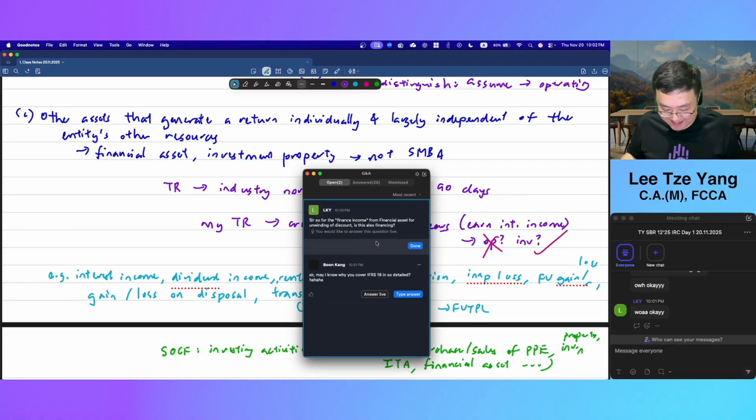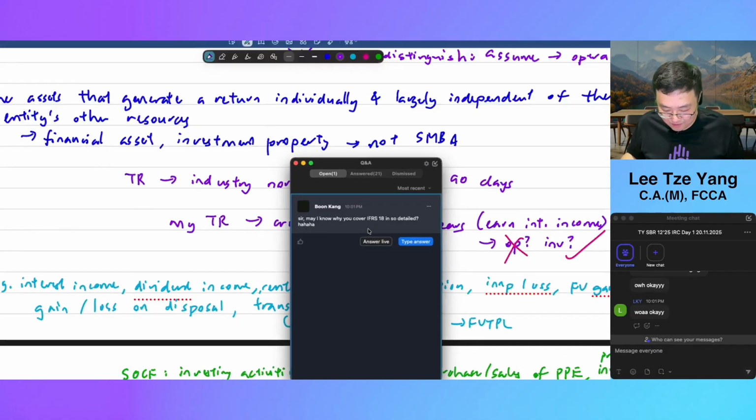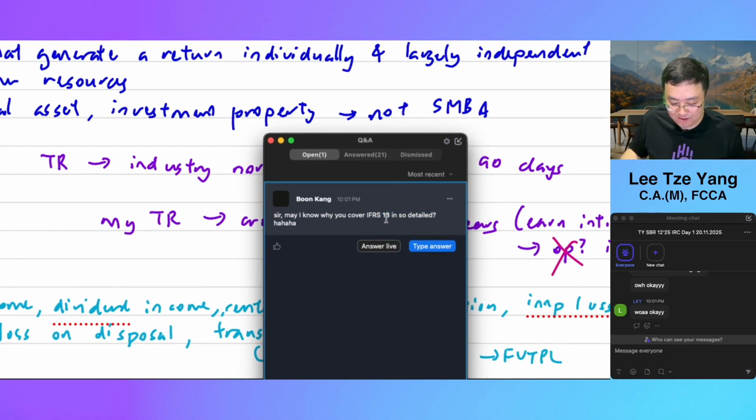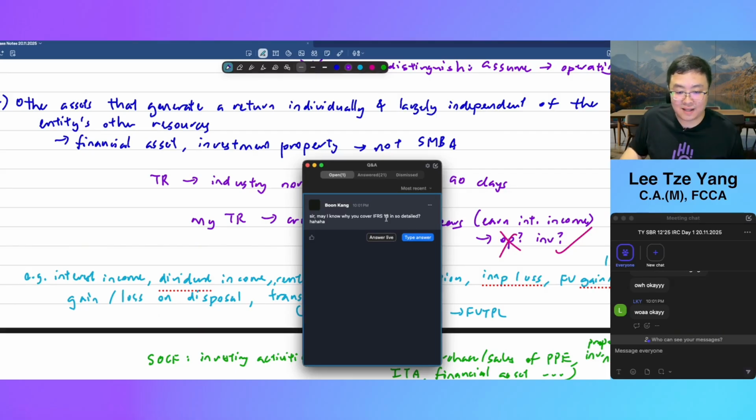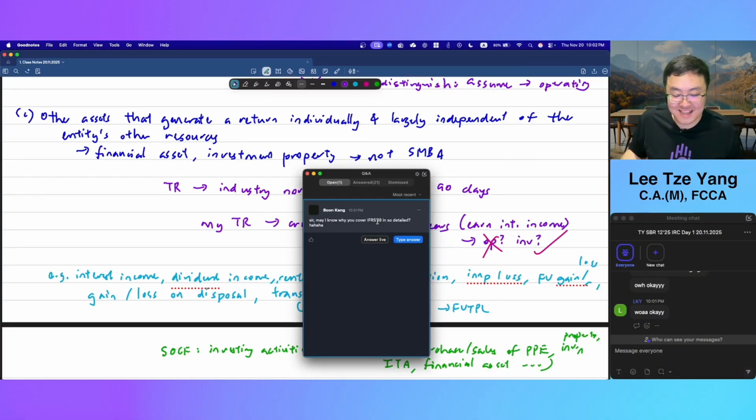Any other question? May I know why I cover IFRS 18 in so much detail? Because IFRS 18 can come out in any question. Boon Kang, you need to know, it can come out in any question. What I cover is actually all the topics that you are expected to know in SBR.